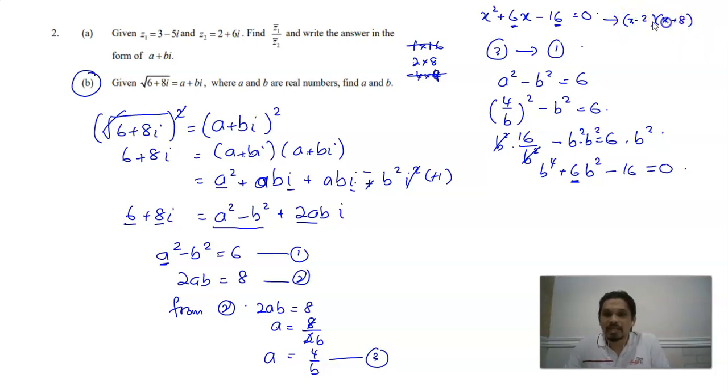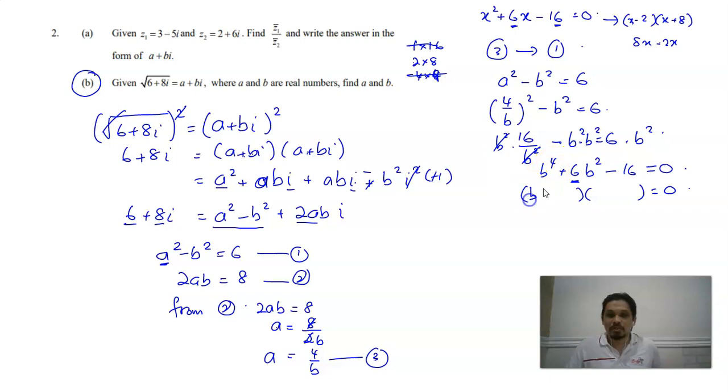Again, x times x, x squared. x times 8, 8x. Negative 2 times x, minus 2x. So 8x minus 2x equal to 6x. Okay, now implement our discussion just now into this question. But the thing is, this is not b squared, this is b power 4.